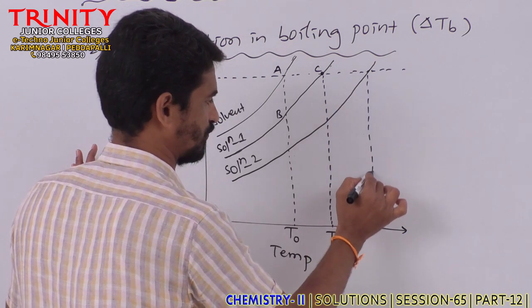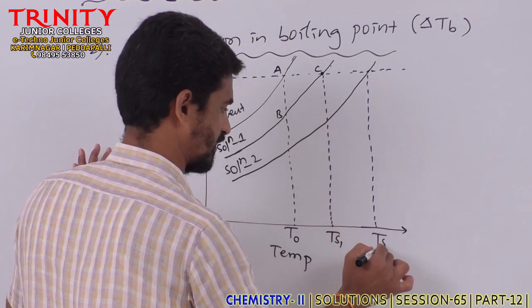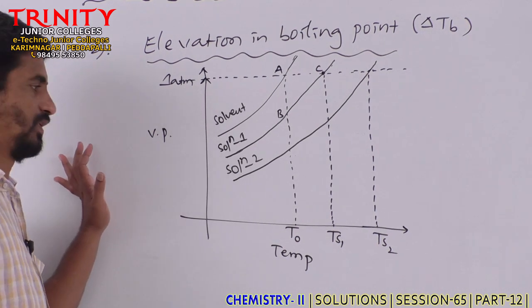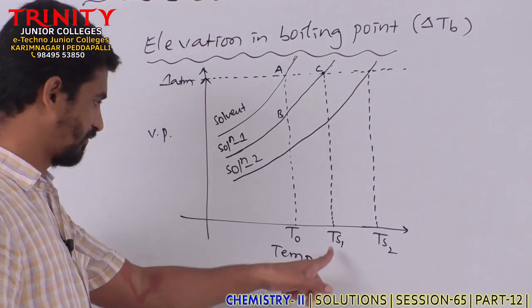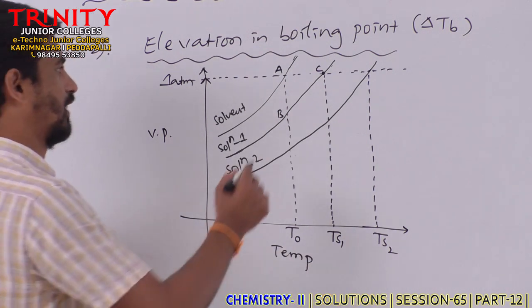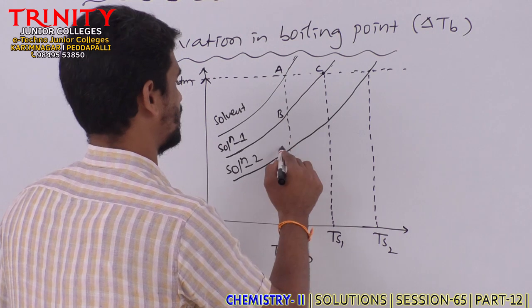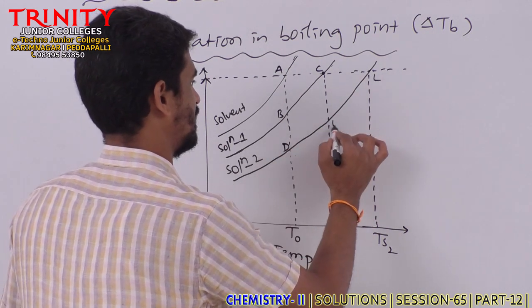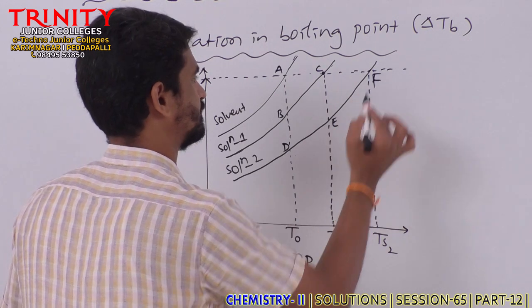This is the boiling point of solution 2. So we have T naught, the boiling point of the solvent, then the boiling points of the first and second solutions. Now let us consider this point is D, this point is E and this point is F.